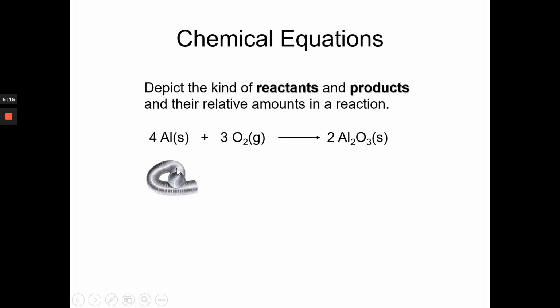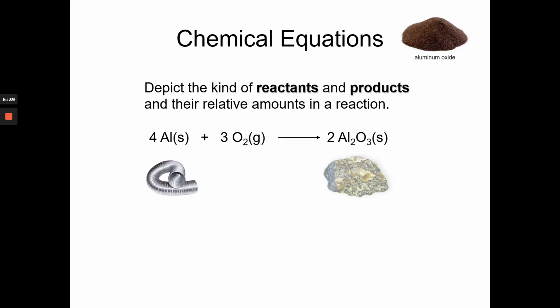Now, aluminum, we know what it looks like, kind of a silver-looking metal, very lightweight, might be used in ductwork for your dryer. Oxygen's a colorless gas, and it can produce aluminum oxide. It looks kind of like this. Now, for us here, if you grind up aluminum oxide, it makes this dust-looking stuff, and if you glue that onto paper, we call that sandpaper.